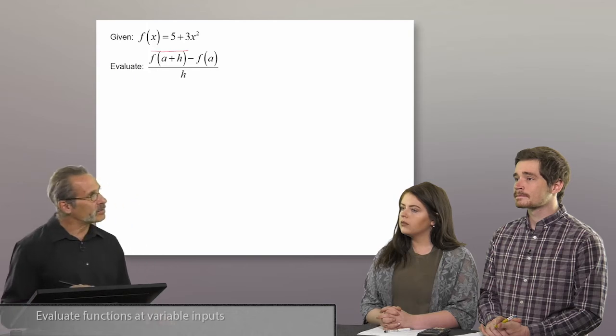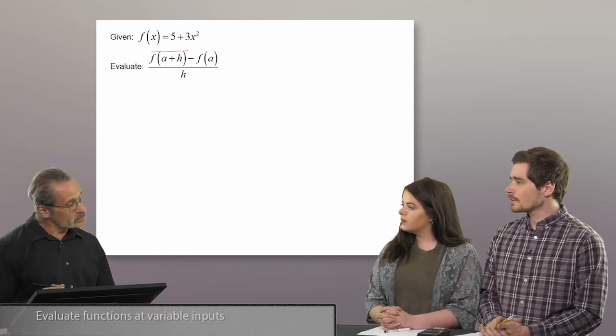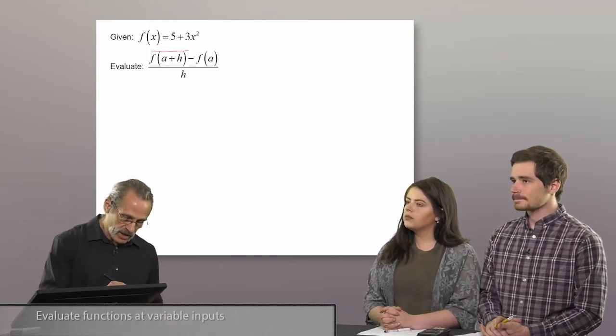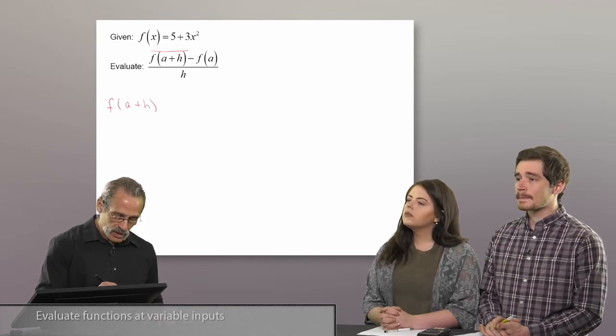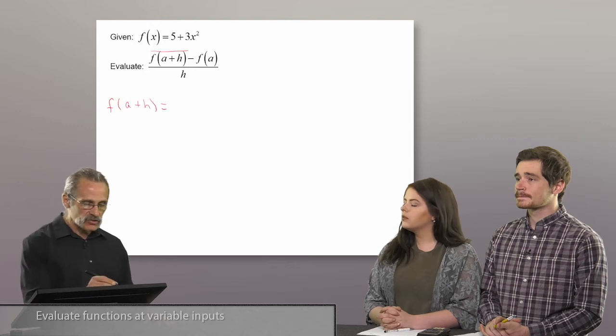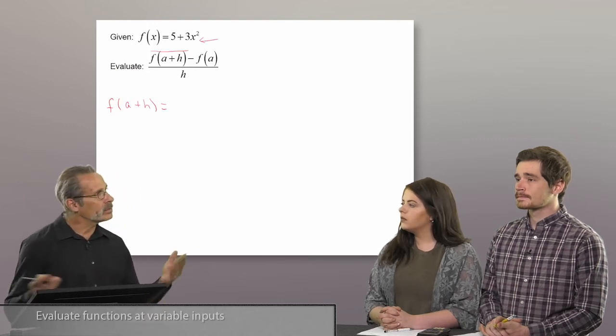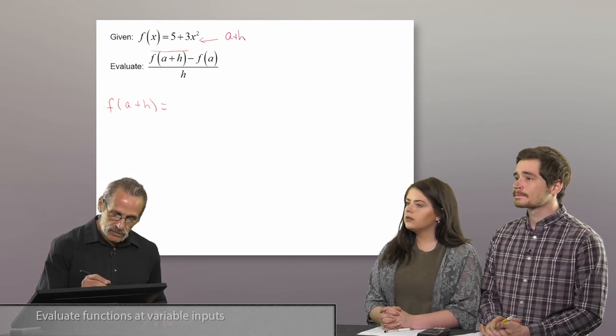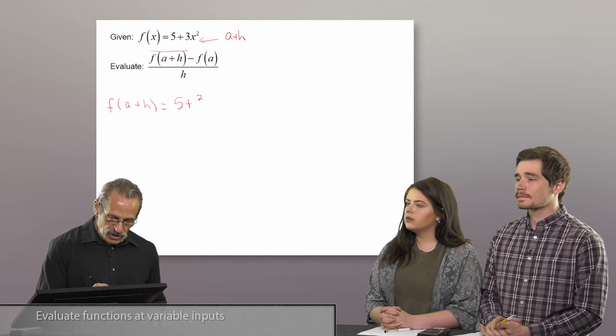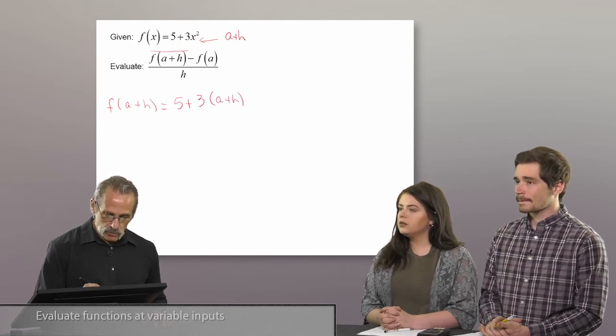Let's find f of a plus h first. We'll go ahead and write down f of a plus h. And I'll substitute in for x, what? A plus h. I'm going to write that down. So I have 5 plus 3 times, instead of x, we have a plus h.